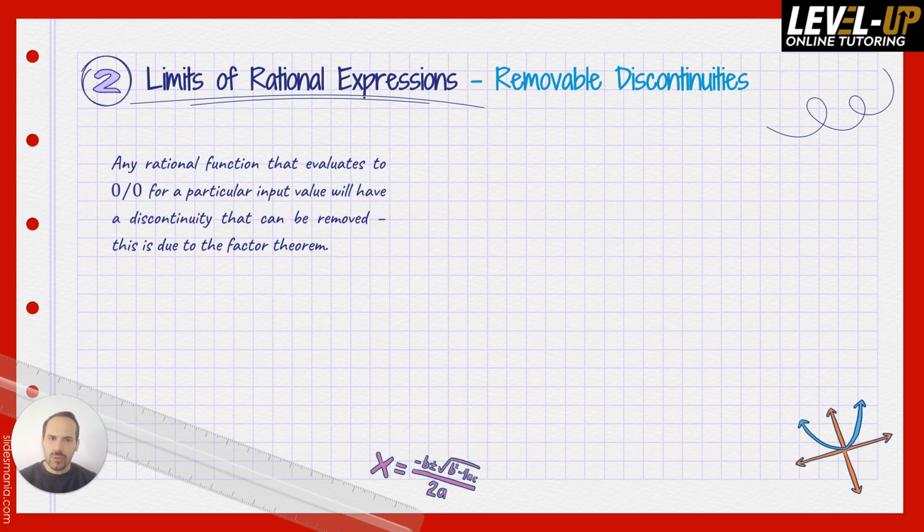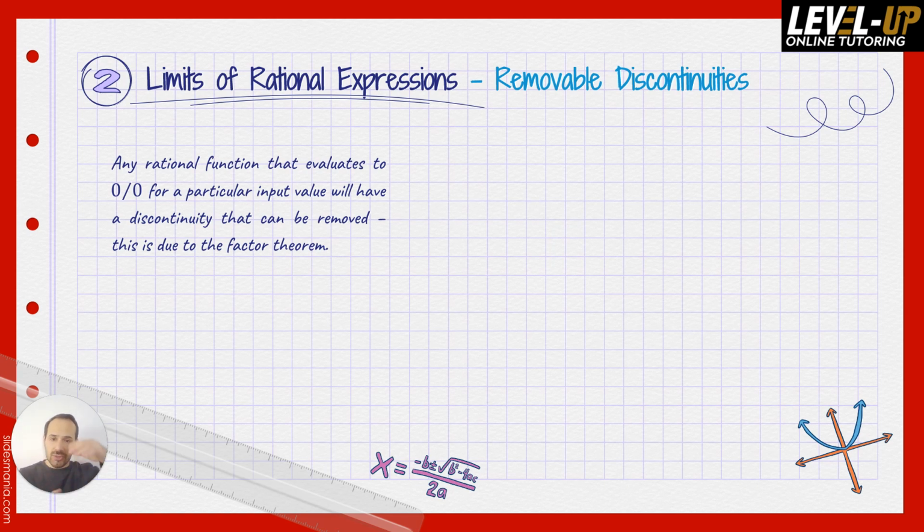If you remember back to what we were doing on cubic polynomials with the factor theorem, say we had a root of a polynomial, where the polynomial equals 0 at x equals 2. The factor theorem tells us that x minus 2 is a factor of that polynomial.